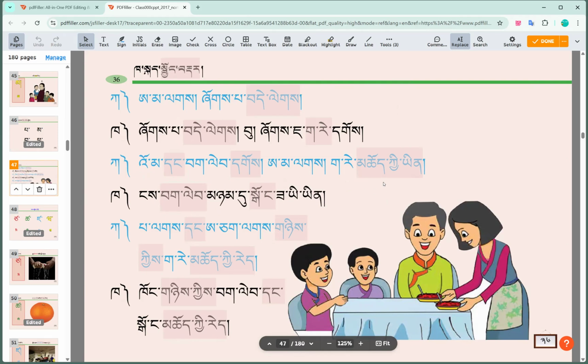Chögiyin. So chö is to consume. The honorific for to consume can be used for eating or drinking. And giyin is the future tense for the general person. So not a personal question in this case. It's just the future marker. So what will you have? What will you eat? What will you drink?